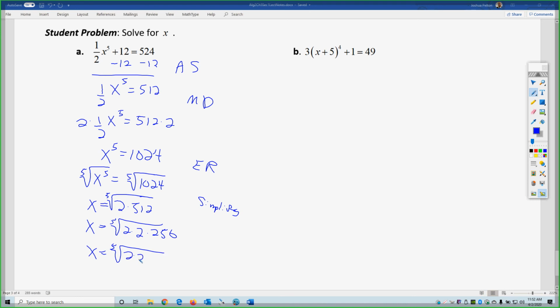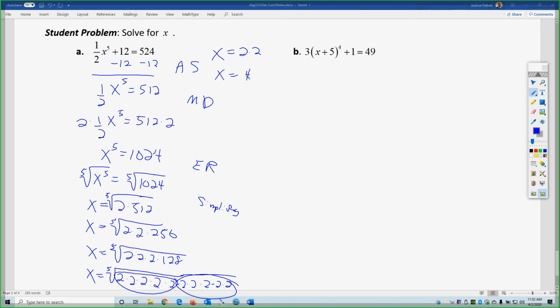So that's 2 times 2 times 2 times 128. 2 times 2 times 2 times, it's 2 times 64, right? So one more 2 gives me 2 times 64. 64 is 8 times 8. Okay, so we have 1, 2, 3, 4, 5 2's there. For 2 times 2, so my answer is 4. Okay. All right, next one.